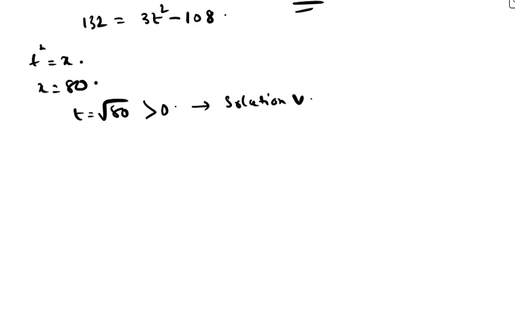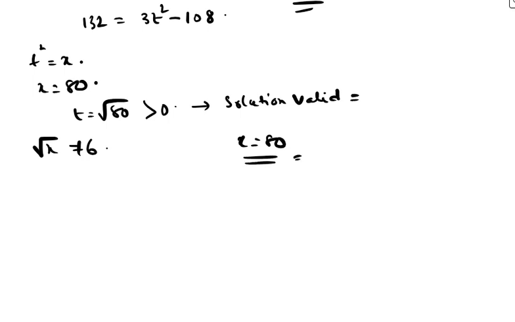Also check the domain. Denominators should not be 0, so √x ≠ 6. So our answer x = 80 is acceptable. So the final answer will be x = 80.